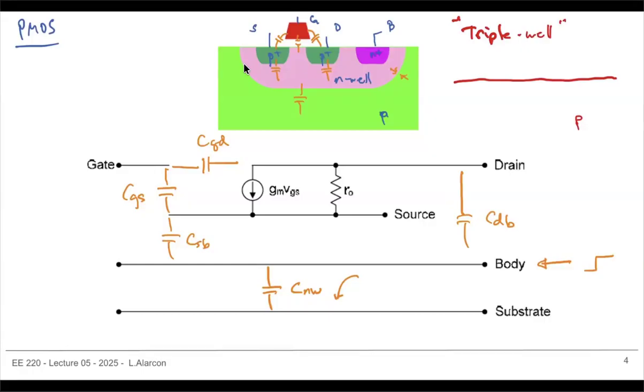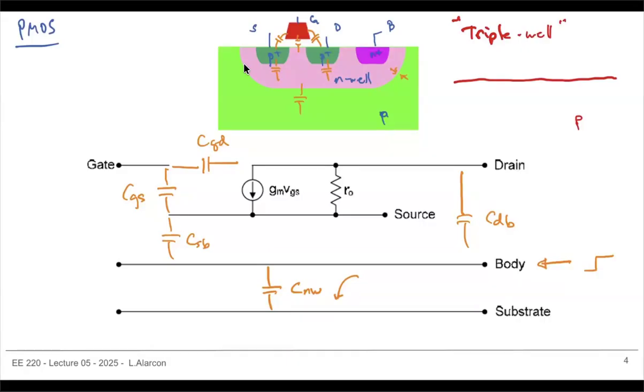You have N wells for the PMOS, but to build triple well NMOS, you need one additional layer, and that's called a deep N well or a buried N well.